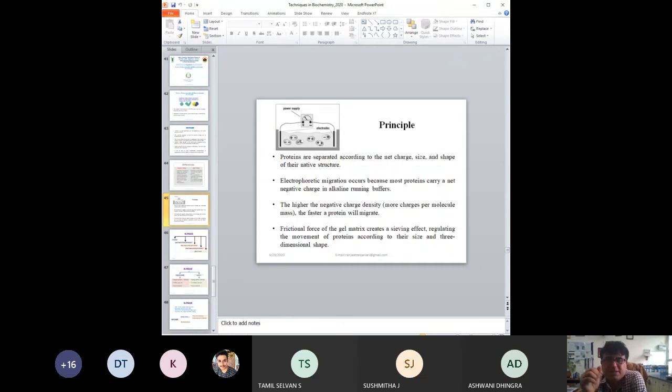The third point says the higher the negative charge density, the faster the protein will migrate. And the last point is the frictional force of the gel matrix, the pore size or the sieving effect, which also regulates the movement of the protein according to their size and three-dimensional shape. So these 3 points are basically the basic principle behind the movement of the molecule in native polyacrylamide gel electrophoresis.